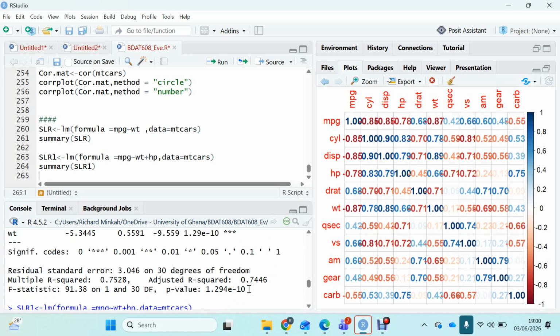Do we still use the same code? The lm is the same. It's a linear model, yes. That will be the same, whether simple or multiple. And as for these names, I am just giving them, so I can give any name at all.